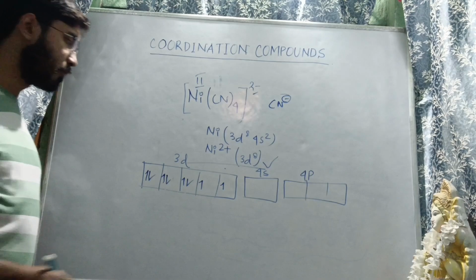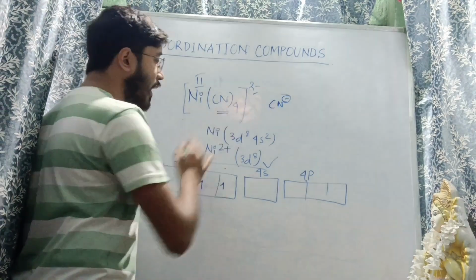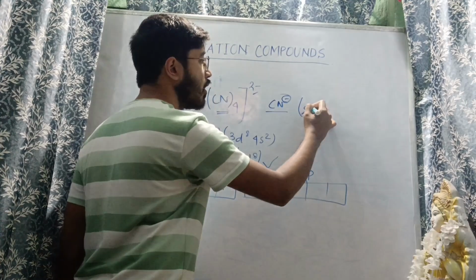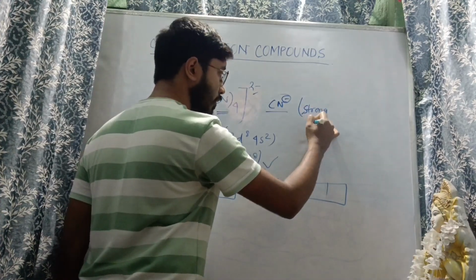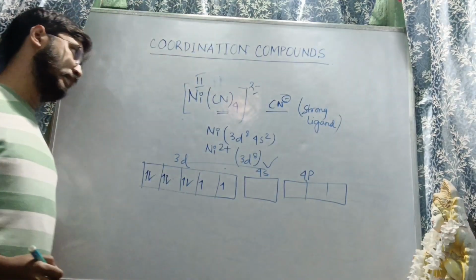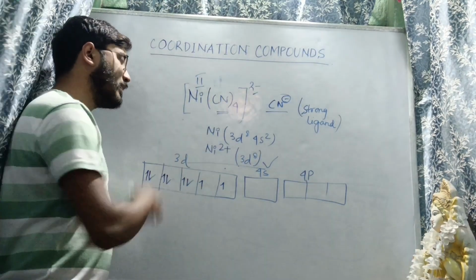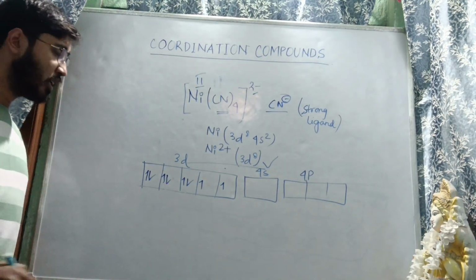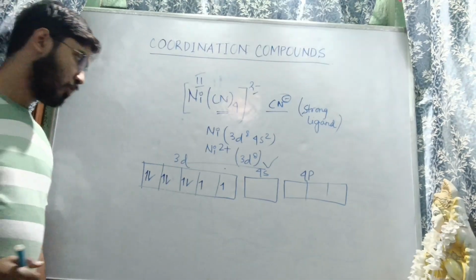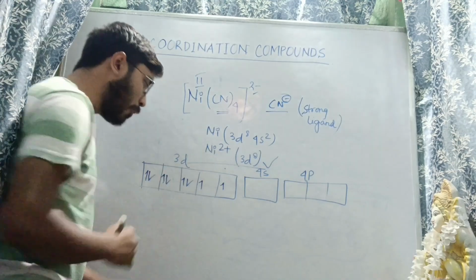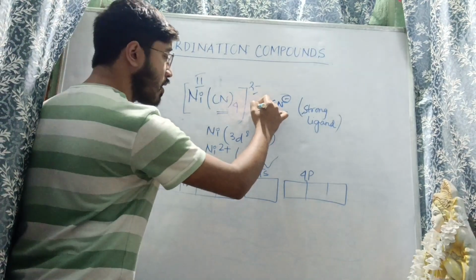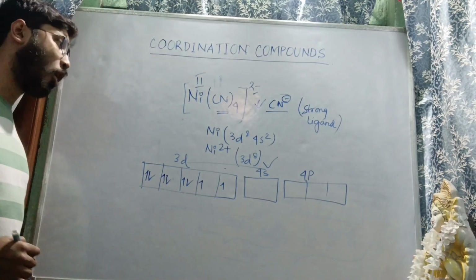So 3d8. We know that cyanide, CN-, is a strong ligand. So when a strong ligand is present, the unpaired electrons of the metal easily pair up as soon as possible because the ligand is very strong.